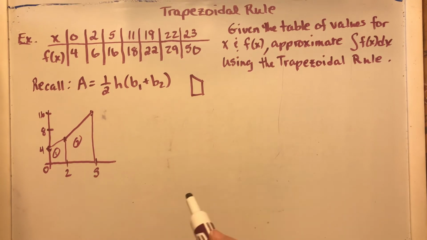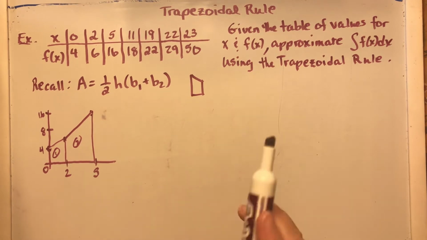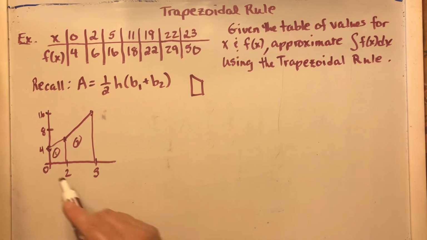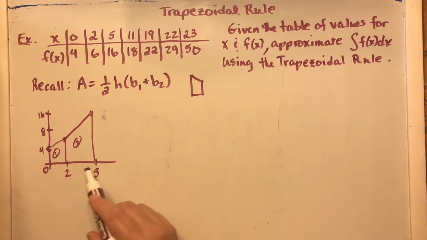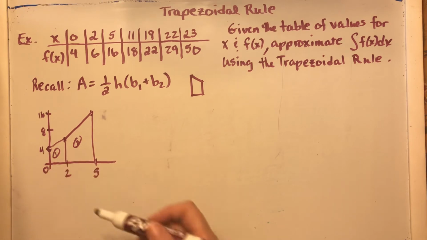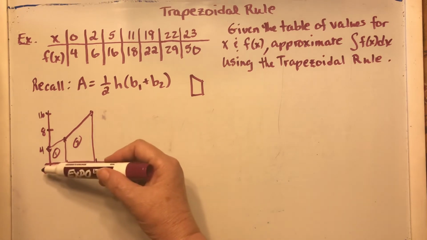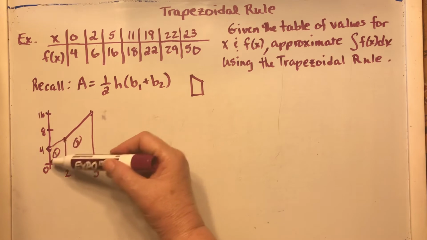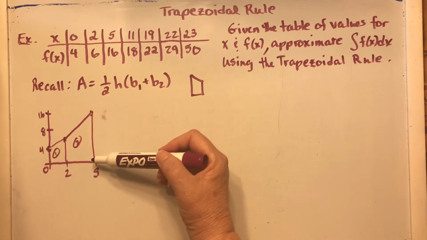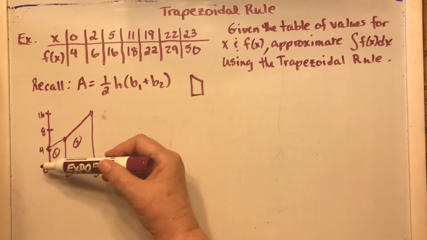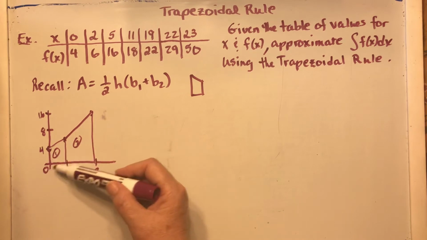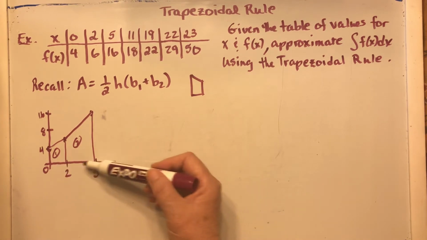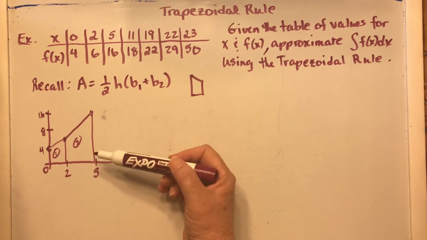Okay, so I'm going to make a chart like I did yesterday. First of all, the distance between these x's, that's going to be the height of your trapezoid, because that's the side that's perpendicular to the two parallel sides. So the y values are going to be our bases. The y values are our bases. The distance between our x values, that's our height, because those are perpendicular.